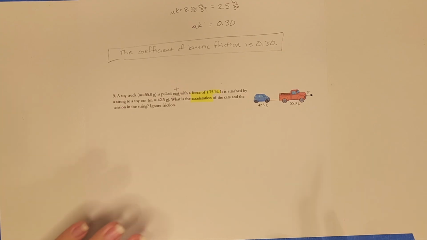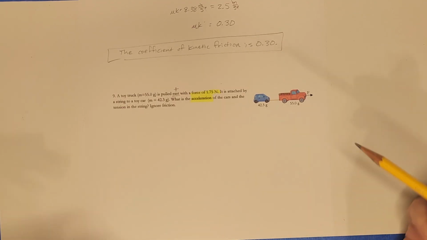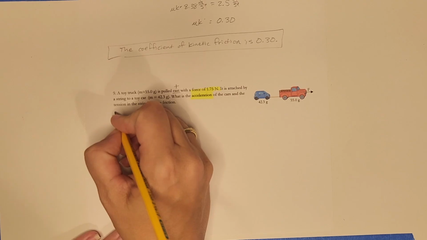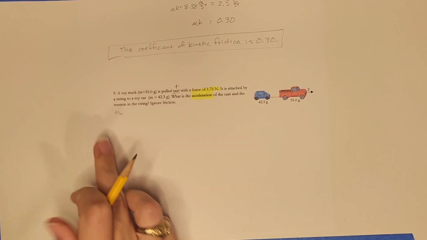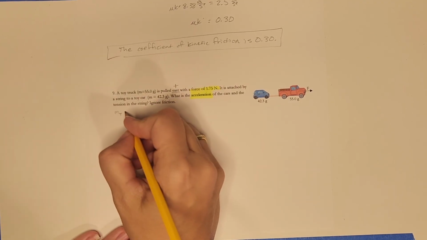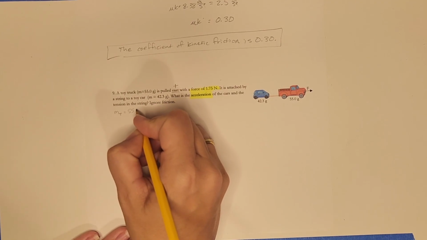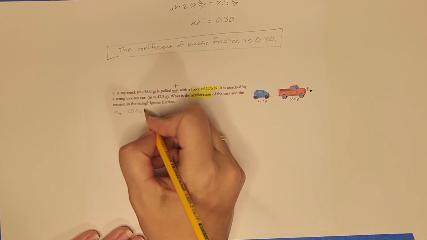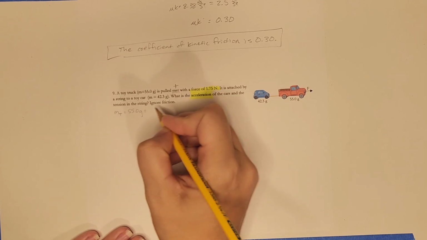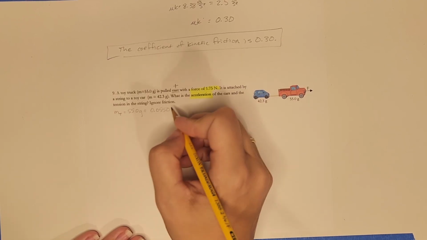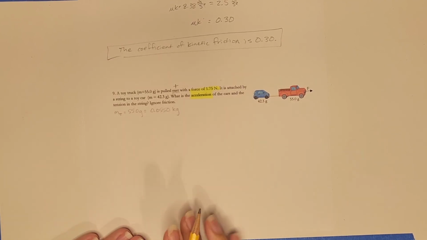So I haven't been writing down all my givens on some of these, but this one I'm definitely going to, because there's several different parts, right? So we have the mass of our truck, which I'm going to designate with M of T, and it's 55 grams, but we're using newtons, and so I'm going to go ahead and convert that to kilograms, keeping my significant figures in there.